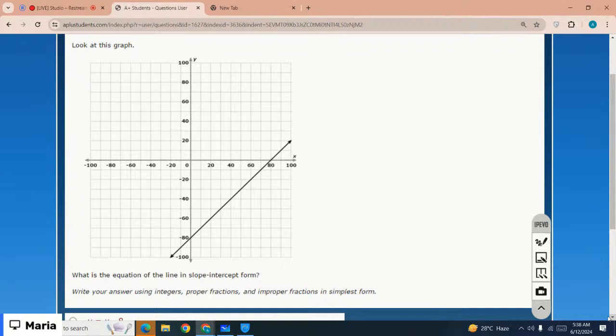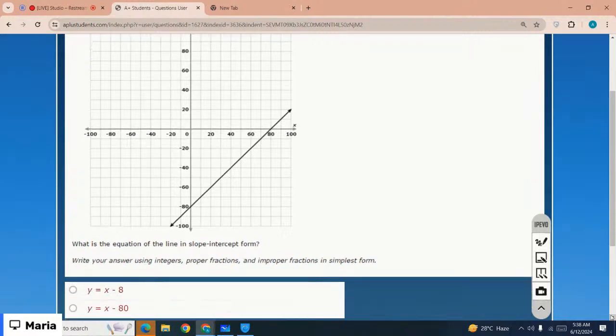The correct option is option number 2, that is y equals x minus 80. Option number 2 is the correct option.